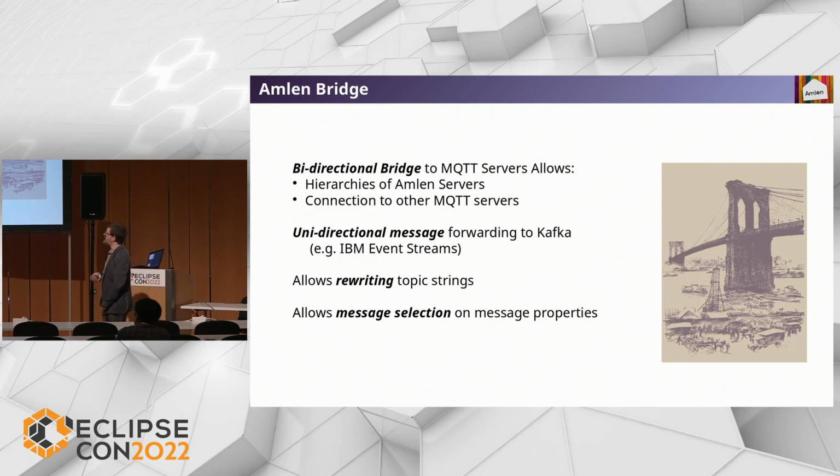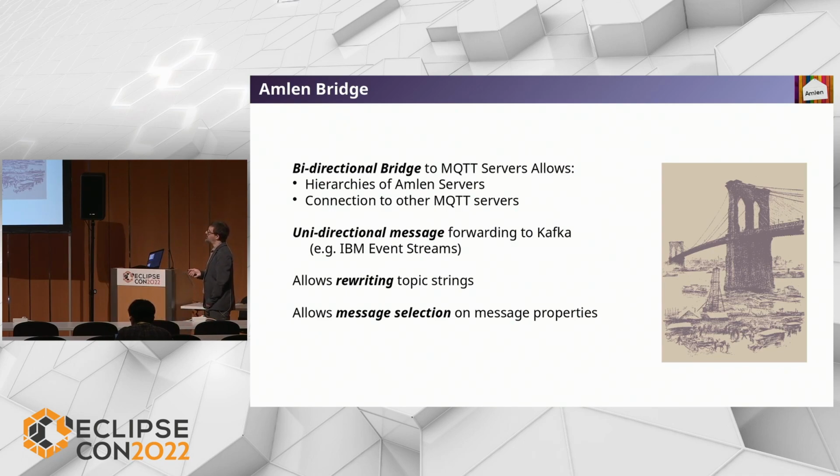We quite often see Amlen used with Mosquitto, where you have Mosquitto, which is a very small, lightweight MQTT broker running, say, in a washing machine, talking up to Amlen. And you could use the Amlen bridge for that connection, but actually we tend to see that in that case, the Mosquitto can do that forwarding itself.